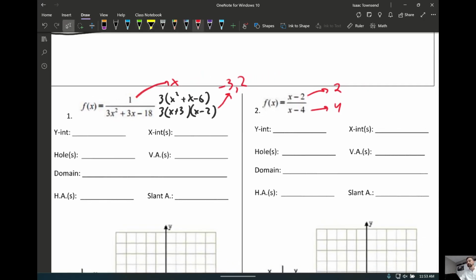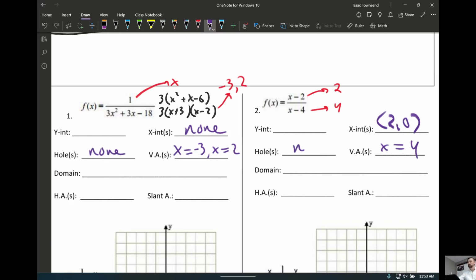Any number that makes just the denominator equal to 0 is a vertical asymptote. Any number that makes just the numerator 0 is an x-intercept. If no numbers make the numerator 0, that's a way of saying you're not going to have an x-intercept. If no number makes the numerator and denominator 0, then you don't have any holes.